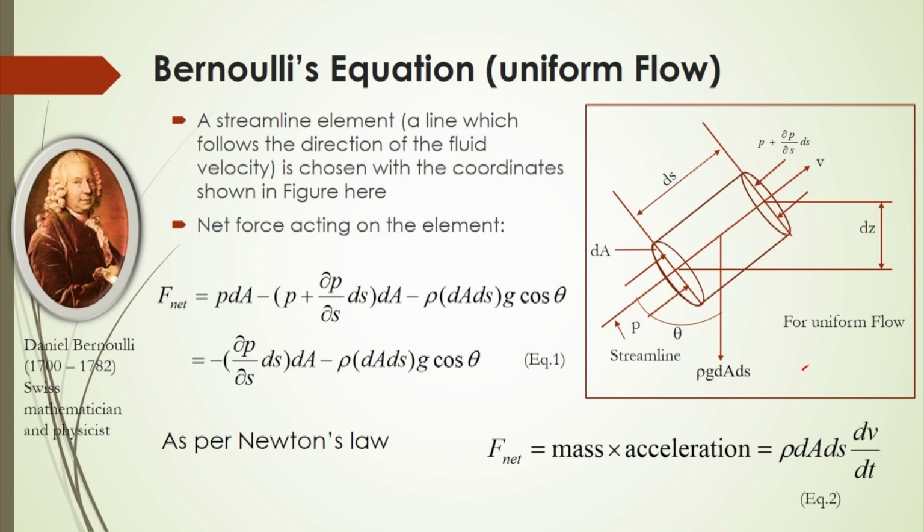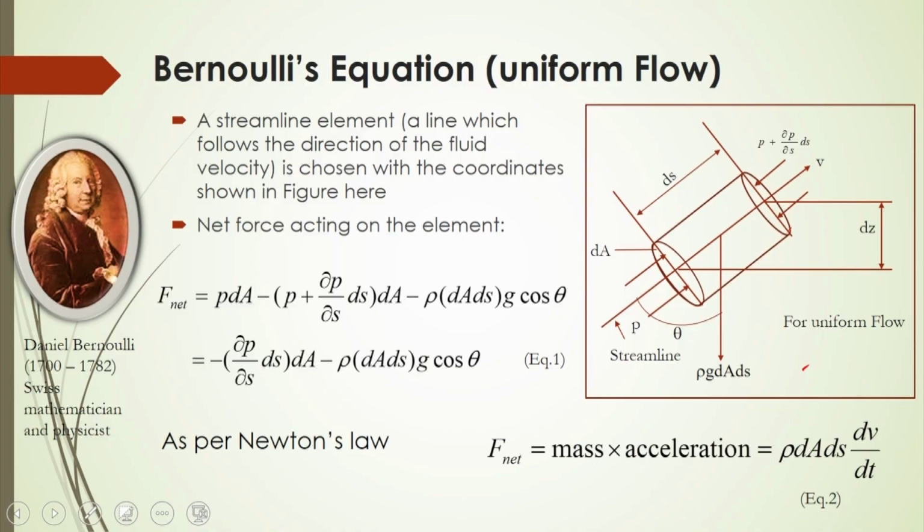The pressure at the outlet section is the inlet pressure plus an increment along the length of the fluid element. So, at the inlet section the force is P into dA, and at the outlet section the pressure is P plus dou P dou S into ds, as shown in the figure, in the direction of the streamline.